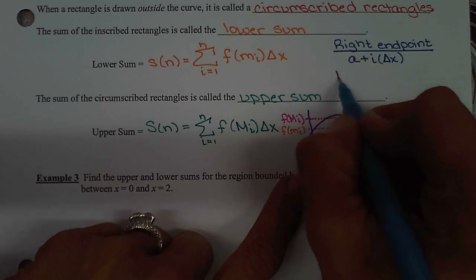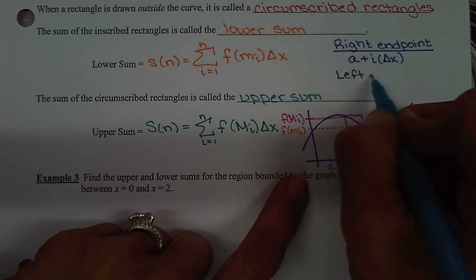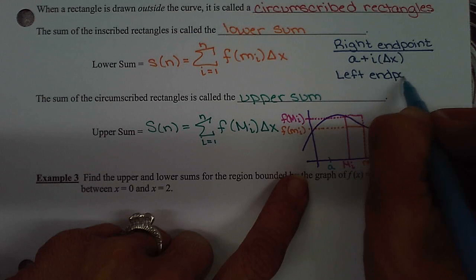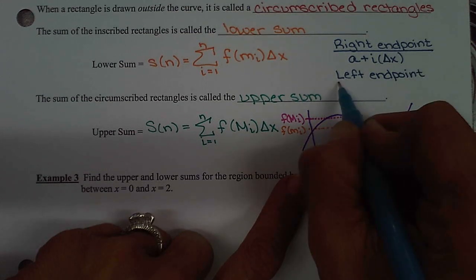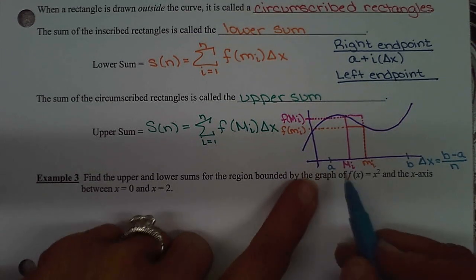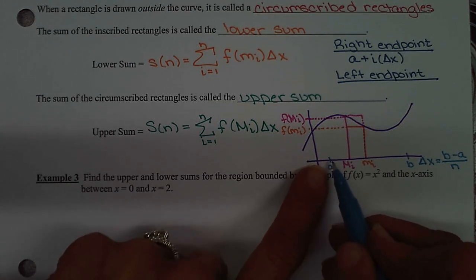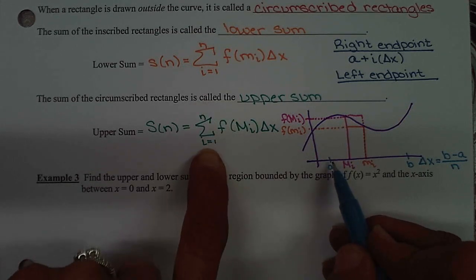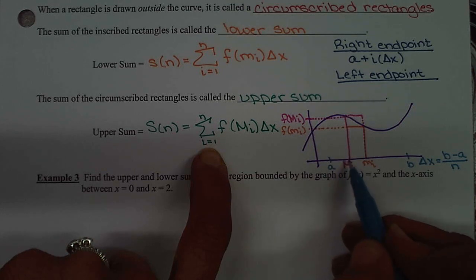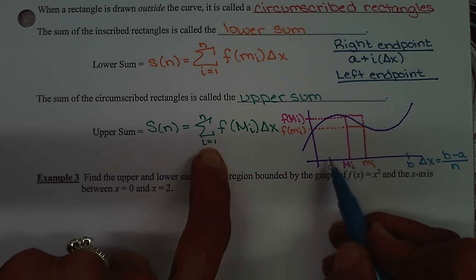For the left endpoints, we actually want to start at this value of A. But remember, when we plug in our a sub i, it's going to end up putting us to the right. And in order to get back to the left, that's where we did that i minus 1 yesterday.